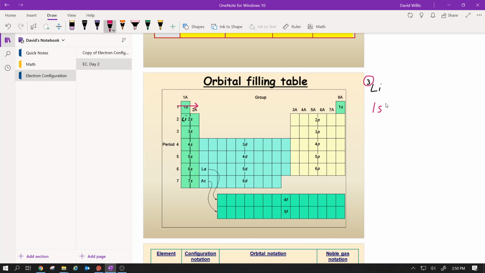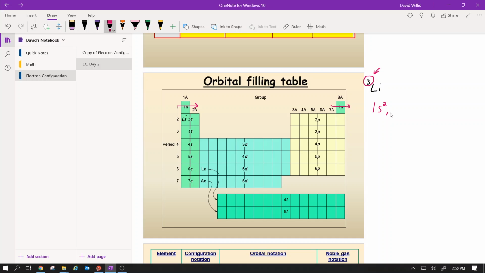That's the only orbital that it has. It has an s sublevel, which has 1 orbital. Now, how many electrons can I put in there? Up to 2. So I'm going to say 1s2. And that tells me that in level 1, my s orbital contains 2 electrons. Except I need to get to 3.